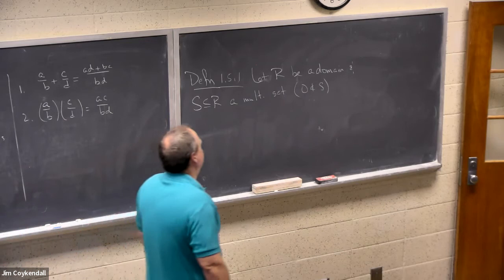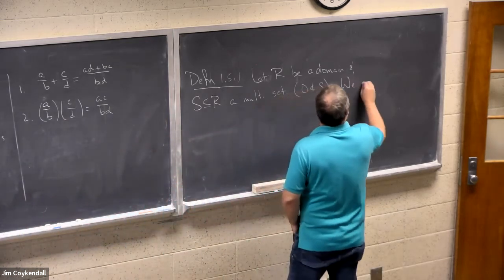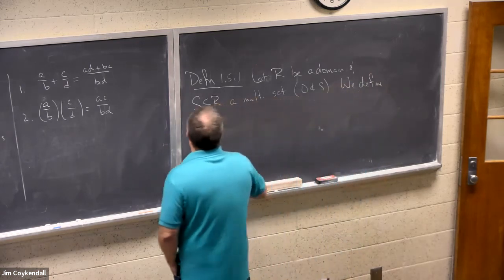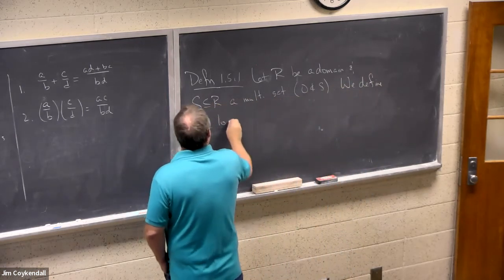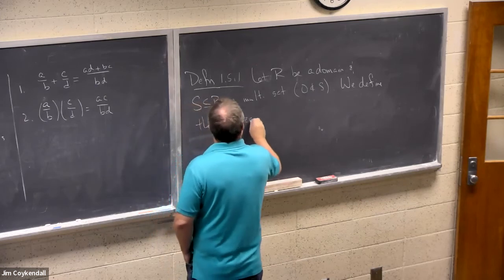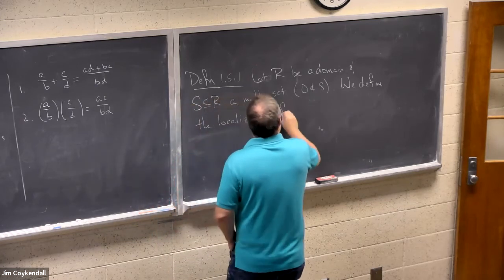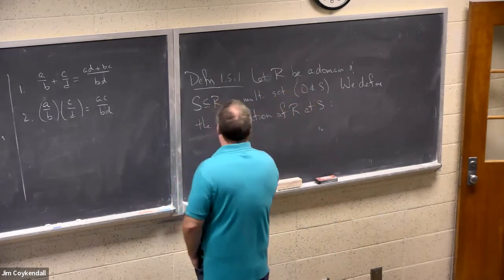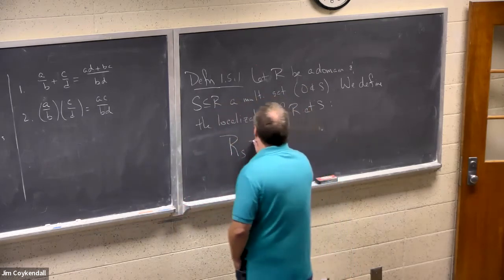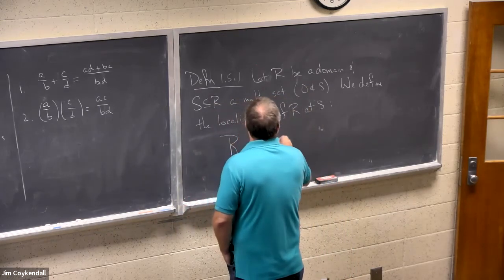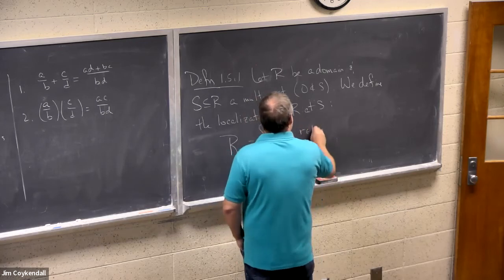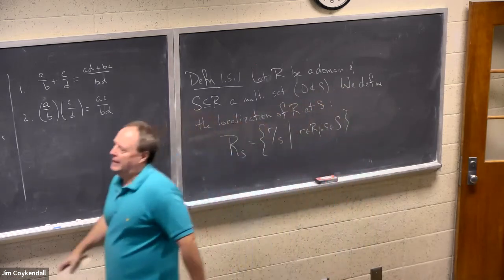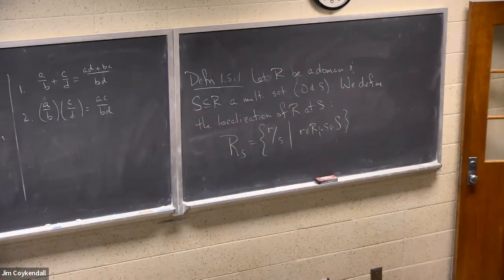We define the localization of R at S, and we write it this way: R_S. This is the set of r over s, where r is in R, s is in S. Notice that since S doesn't contain zero, we don't have to worry about there being a zero denominator.